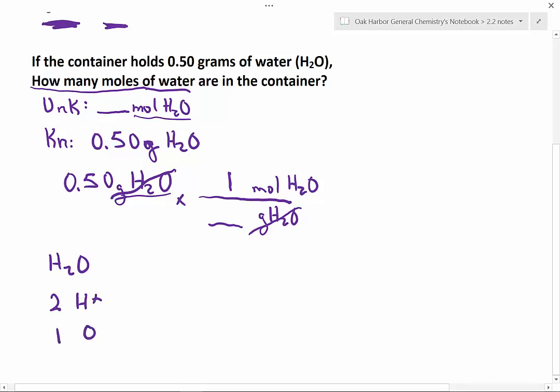Now if I look up on the periodic table, hydrogen is a mass of 1.01. 2 times 1.01 is 2.02. And 1 oxygen, I look up oxygen on the periodic table, I see it's 16.00. 1 times 16.00 just adds up to 16. Now I add these together and I see the molar mass of water is 18.01.